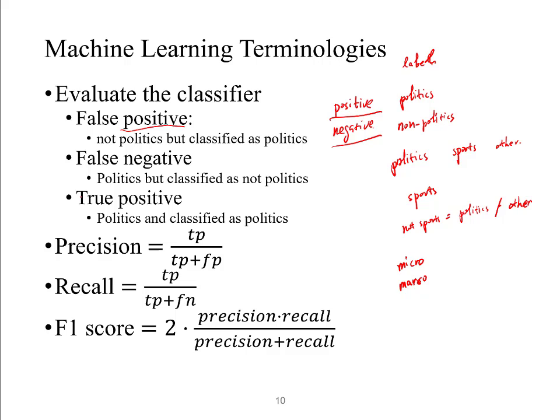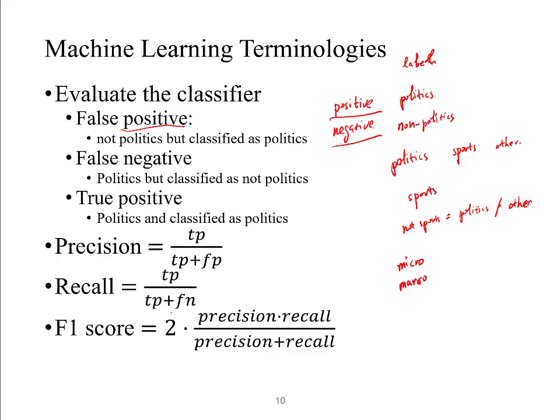So precision would be TP, which is true positive, divided by TP plus FP. So this is among all the samples predicted as positive, how many of them are true, right? So it's like among all your predictions of positive, how many of them are really positive? So this is precision.